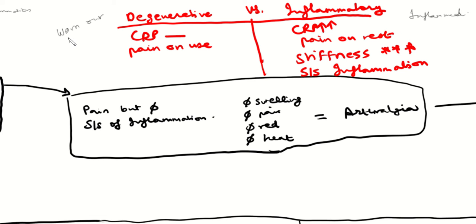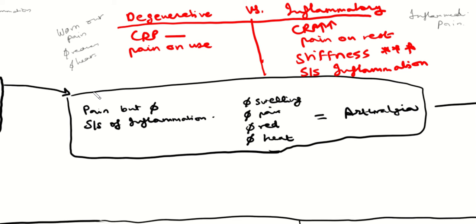Both of them are going to have pain. So the question is, how do you differentiate it? So again, inflammatory is going to have swelling, pain, redness, heat. Degenerative is not going to have redness and heat. So no redness and no heat.